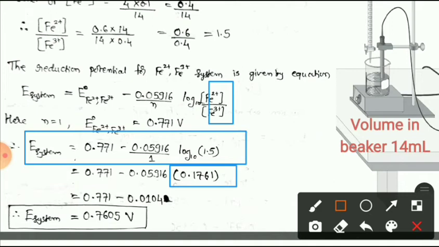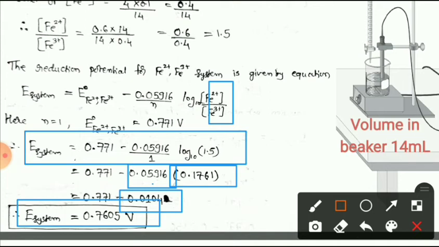After taking the log of 1.5, we have the value 0.1761, and we multiply that value with the factor 0.05916, so we get 0.0104. After subtracting this from 0.771, we have the E system equal to 0.7605 volt.